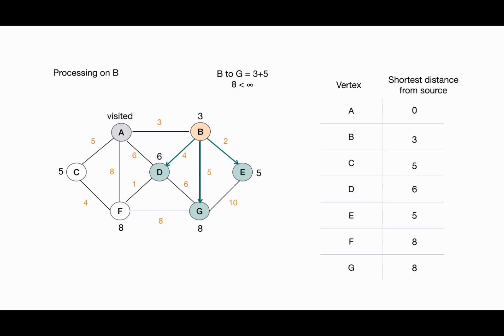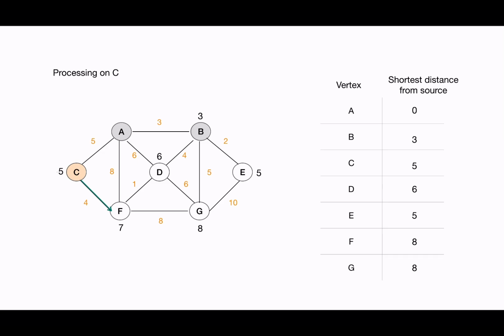Now B is also visited. The minimum distance in this table is for C and E, right? So next we're going to start with C. Here adjacent vertices are A and F. A is already visited, so we have only F. For F, if we go through C, the distance is 4 plus 6.